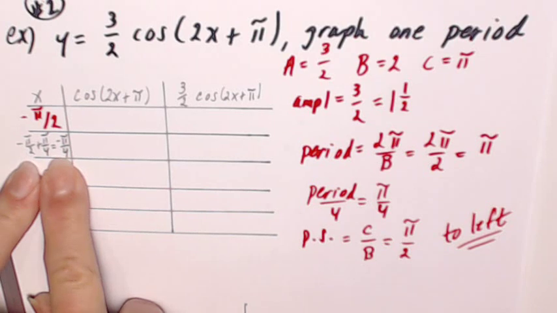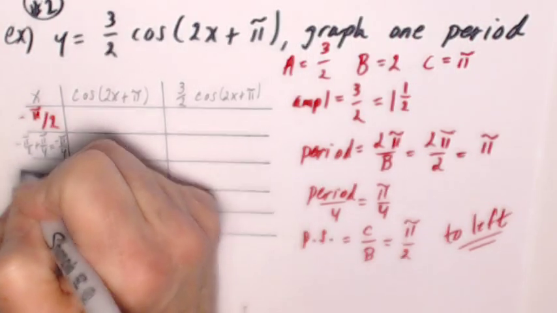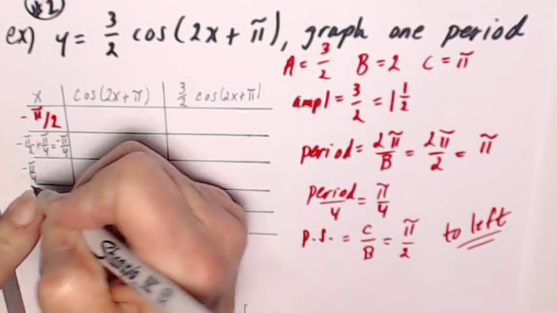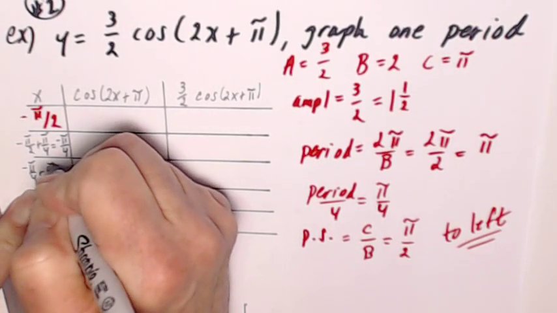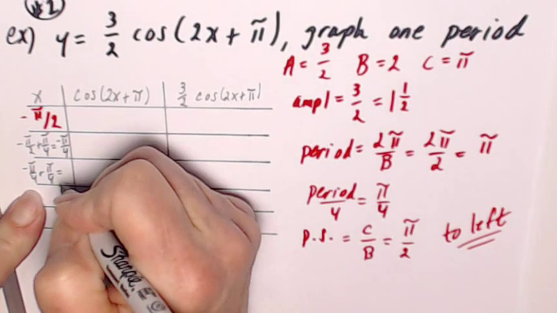Remember, in this class, you've got to be strong with your fractions, so make sure you understand how to add those there. Next angle, we have our negative pi over 4. Again, we add our increment of pi over 4. Negative pi over 4 plus pi over 4 is 0.